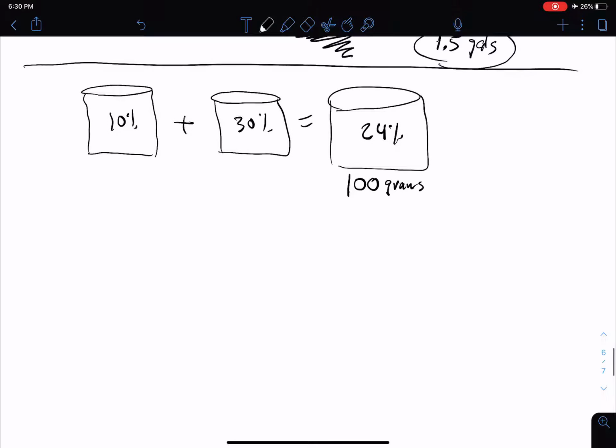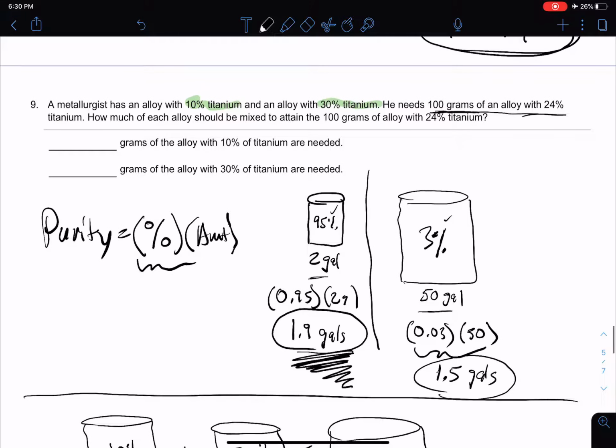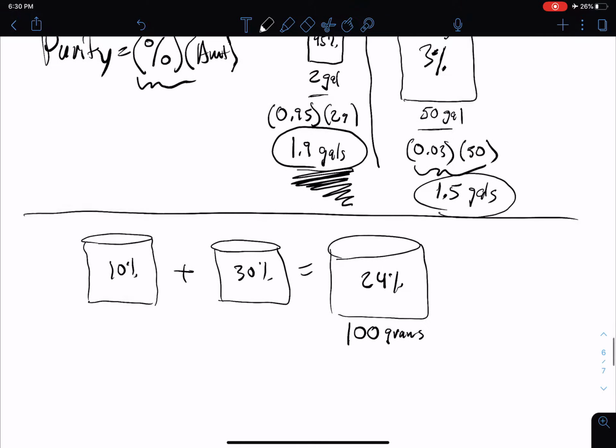All right, the question usually is going to be a variable. How many grams of alloy are needed at 10% titanium? How many grams of alloy are needed at 30% titanium? There's your variables.